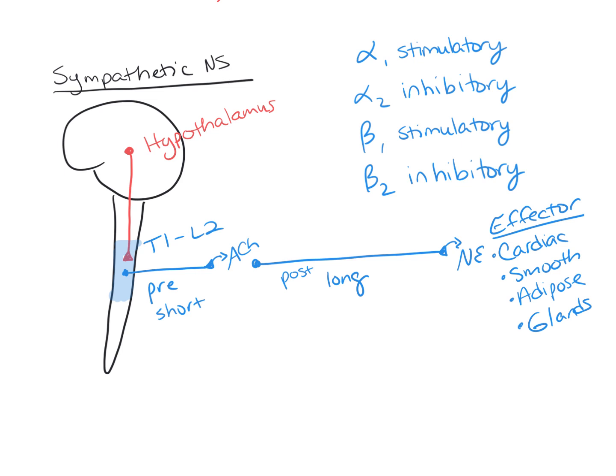Alpha-1, this receptor is found on two places that I'd really like you to remember. One is the pupil dilator muscle, and the other is on peripheral blood vessels.